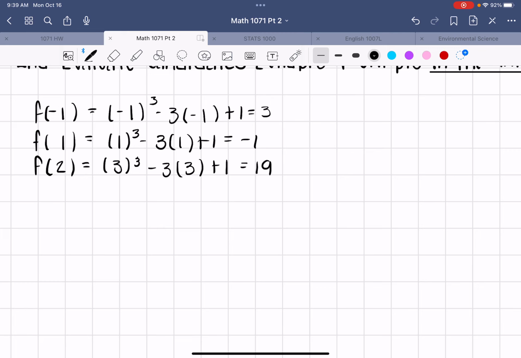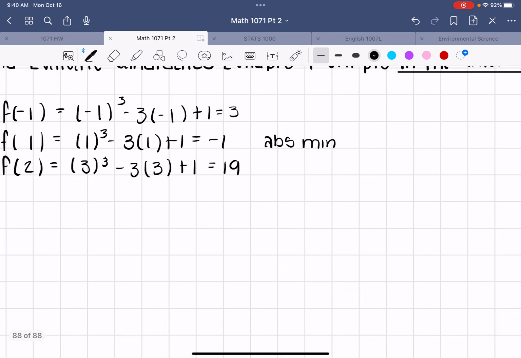Smallest is -1. So you have an absolute minimum of -1 at x equals 1. And 19 is the largest, absolute maximum of 19 at x equals 3. Or if you want, you could write f sub min occurs at 1 and is equal to -1.